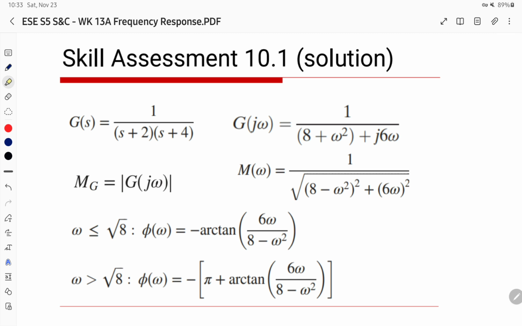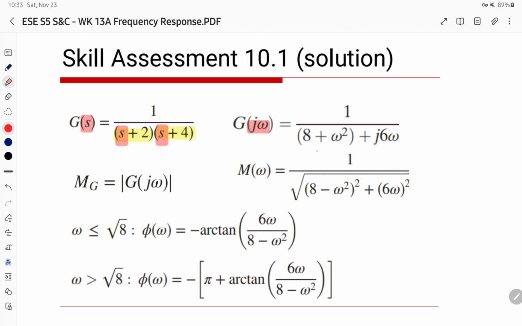I would have paused and tried myself, or you should have tried yourself, but this is the full solution for the analytical portion. So G of s, this was given, s plus 2 and s plus 4 in the denominator. What do you do? Step 1, you replace all the s's with j omega.